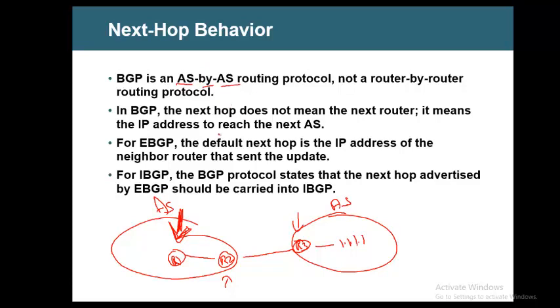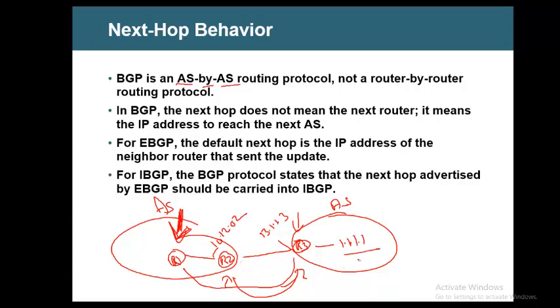So the address that you form neighbor with the remote autonomous system should be shown to every router as the next hop. For example, the address here, let's say 13.1.1.3. The address here is 10.12.0.2.